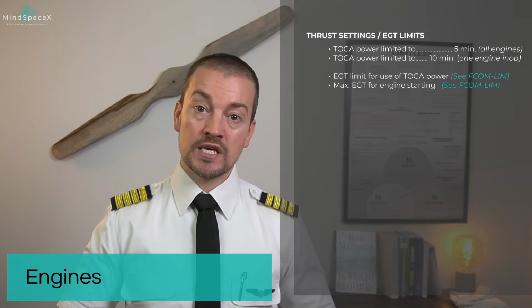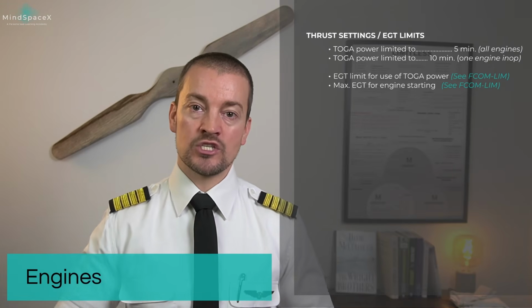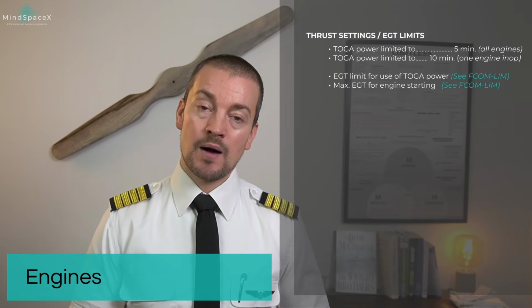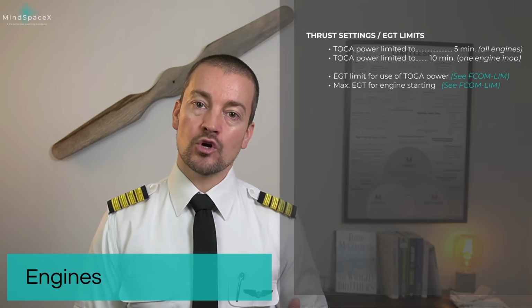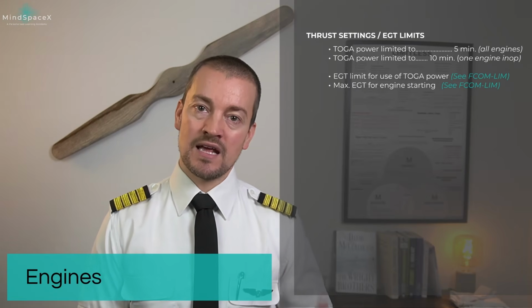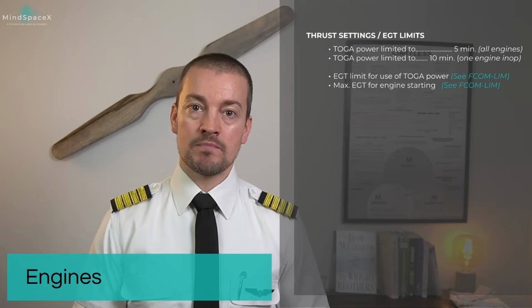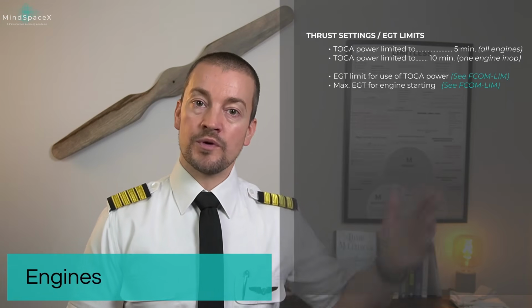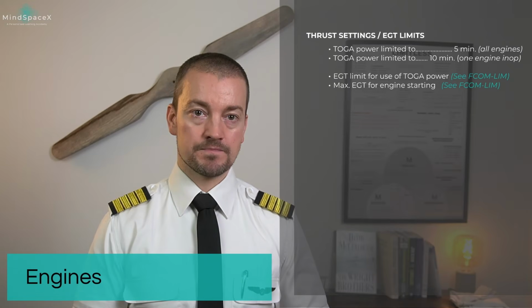In an emergency, we can use toga power as long as the emergency situation calls for it. But these limitations on EGT are placed there for a reason, so as to not overheat the engine. EGT limits for the use of toga power, together with maximum EGT for starting the engines, will be covered by you in the FCOM limitation chapter.